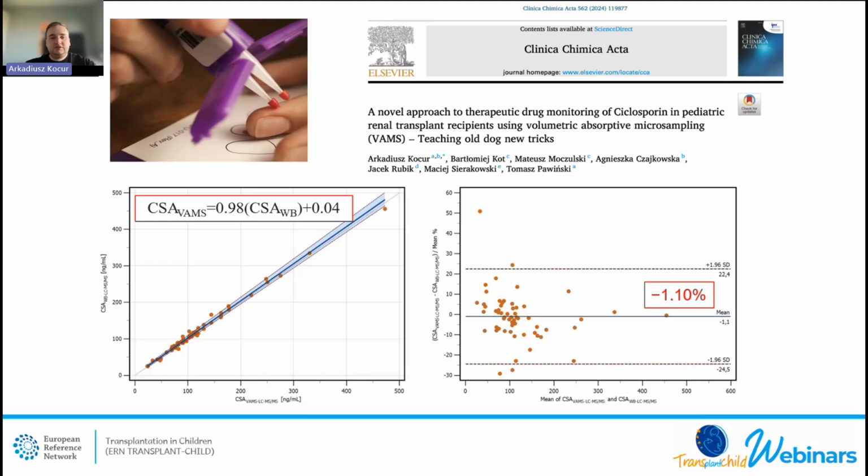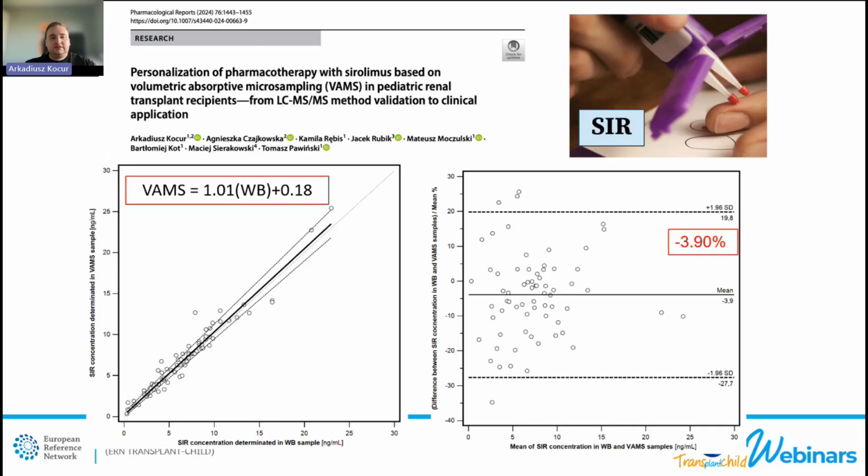The next application is cyclosporin A. It's the same situation as in tacrolimus. This method enables determination of cyclosporin A at the C0 point and C2, so the trough concentration and 2 hours after drug administration. The bias is relatively low. The third one was sirolimus.